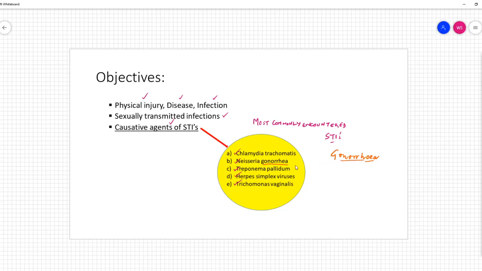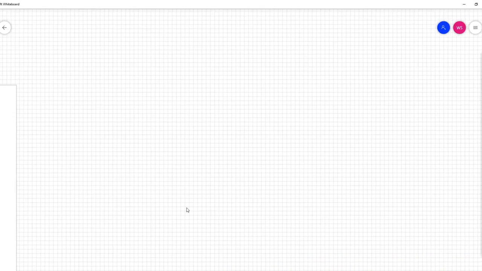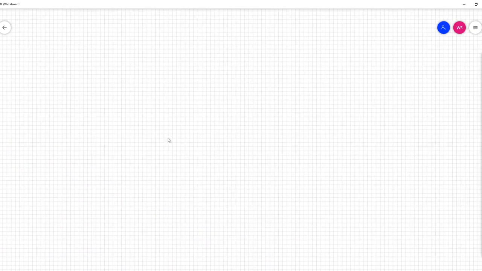Now, gonorrhea is caused by this organism, Neisseria gonorrhea. So let's take a page somewhere here and talk about Neisseria gonorrhea.